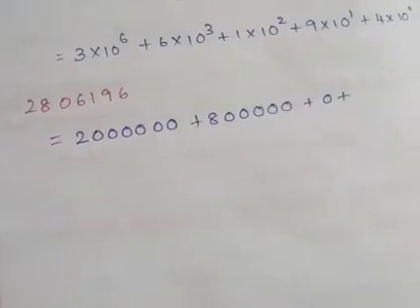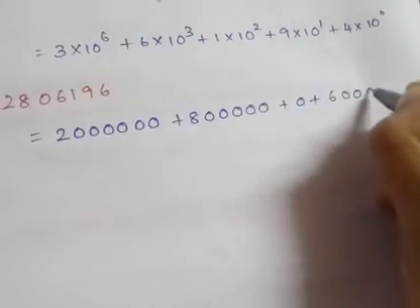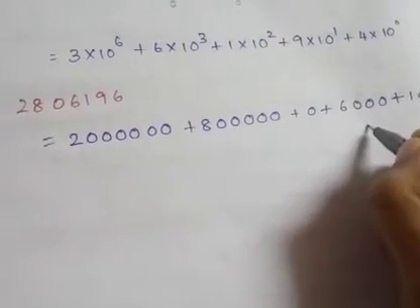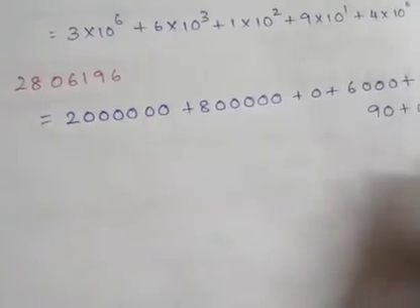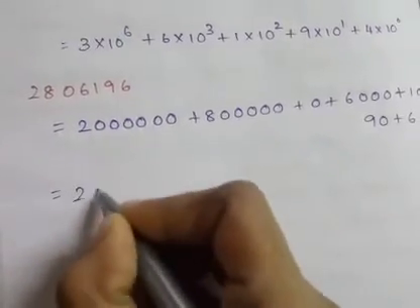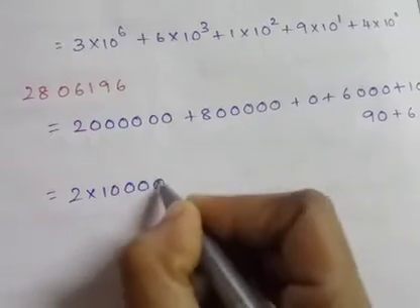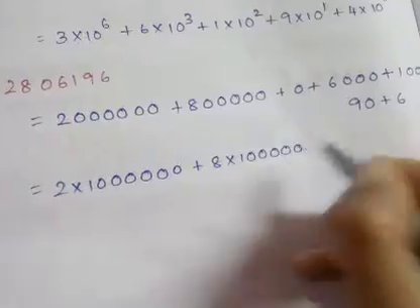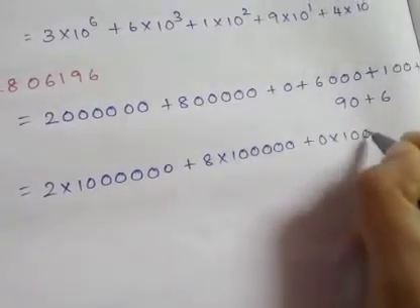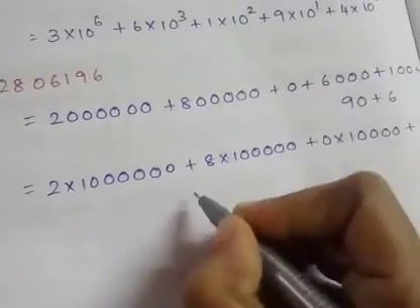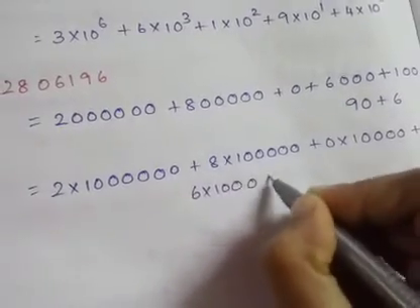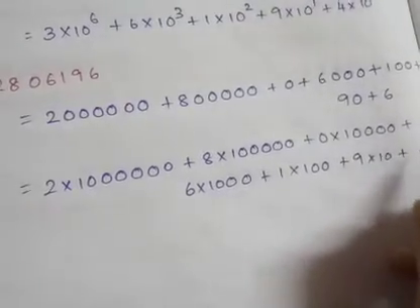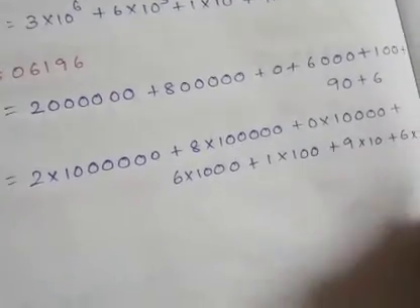Plus 0 plus 6 into 3 zeros plus 1 into 2 zeros plus 9 into 1 zero plus 6. Okay, now 2 into 6 zeros plus 8 into 5 zeros plus 0 into 4 zeros plus 6 into 3 zeros plus 1 into 2 zeros plus 9 into 1 zero plus 6 into 1.